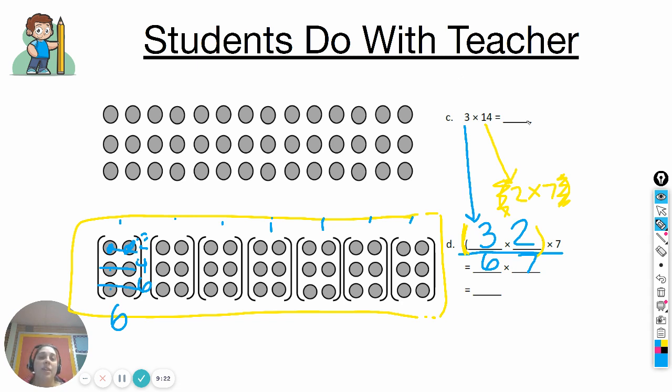We have not learned to skip count by 14s, but we do know how to skip count by both 6s and 7s. So we've made this into a problem that's more manageable for us. And now all we have to do is solve. So on your whiteboard, you need to skip count by 6s 7 times. And then write your answer on your whiteboard when you have it. So you're solving 6 times 7.